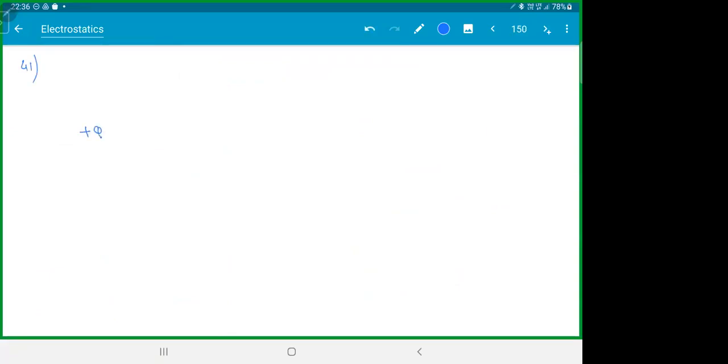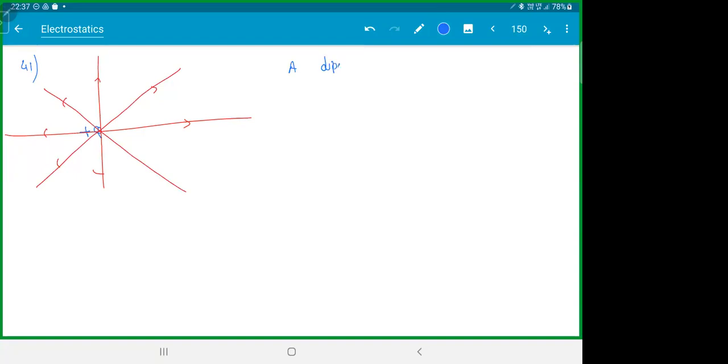Let's say we have a charge Q. So you took a dipole placed in the electric field of a point charge. So you took a point charge and you kept a dipole somewhere, anywhere you want.